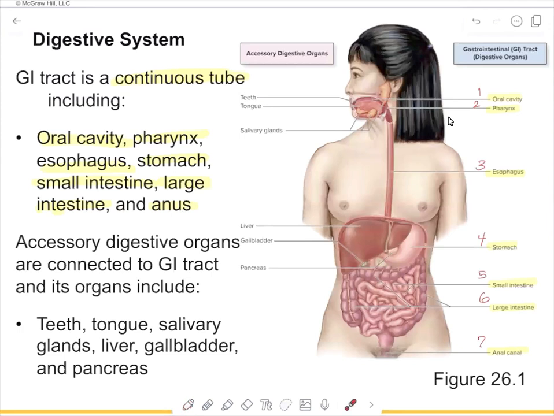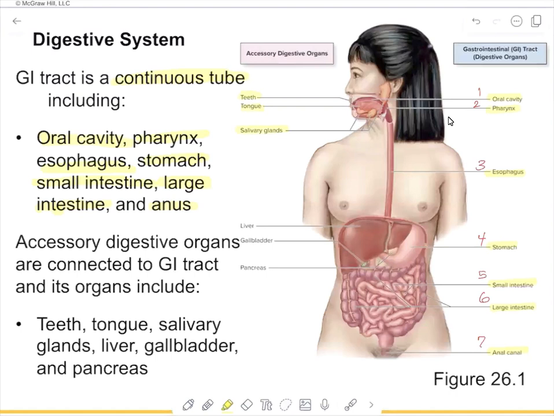In addition to this long tube, there's also some accessory digestive organs which are going to help with the various functions of the digestive system. For example, we have in the oral cavity the teeth and the tongue, as well as salivary glands.